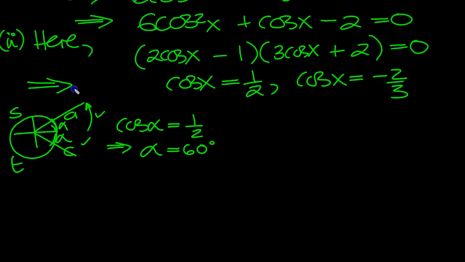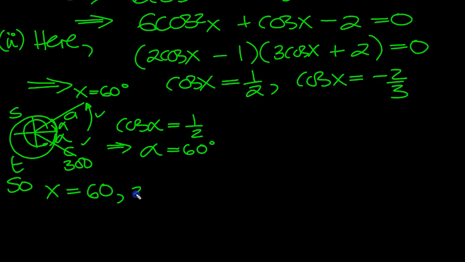So we come around here, the first answer, and x will be 60. And then the next answer will be right around to here, which is 360 back alpha, which is 60, so this one's 300. So x is equal to 60 degrees and 300 degrees for this one.